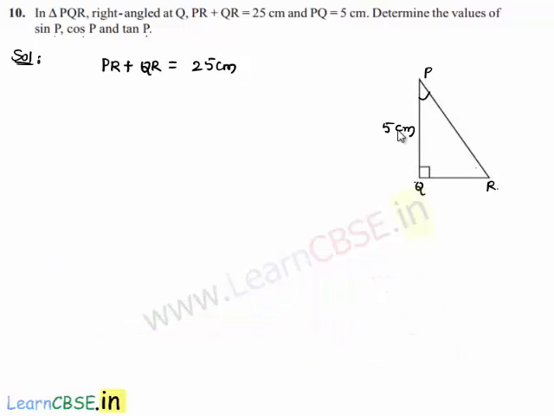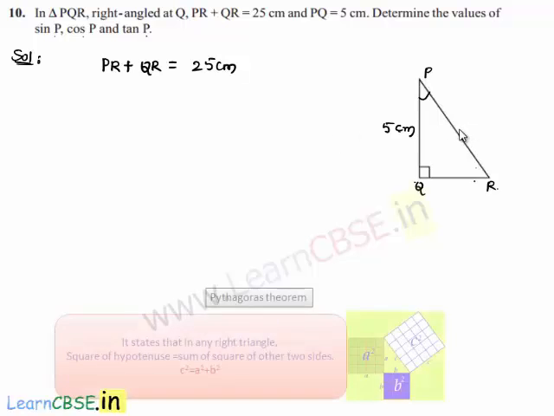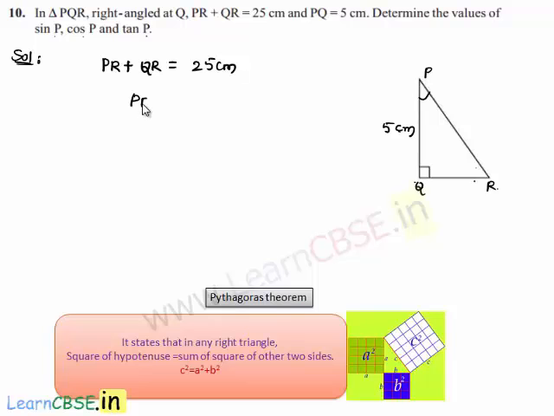As PQ is given, we need to find the values of QR and PR by the given relation, and we can also get another relation by applying the Pythagoras theorem to the triangle, that hypotenuse square PR square is equal to the sum of squares of the other two sides, that is PQ square plus QR square.